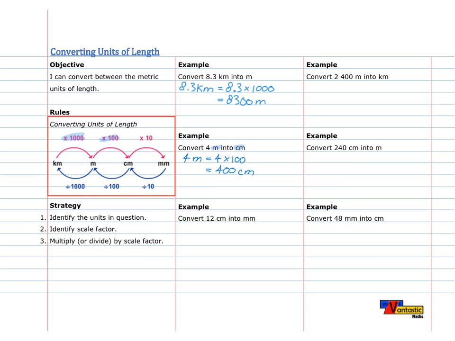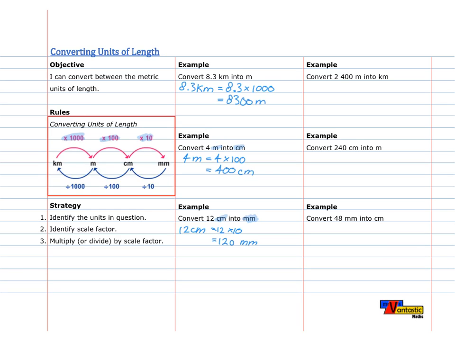And it's the same process all the way through. When we want to convert centimeters into millimeters, we are going to multiply by 10. So 12 centimeters is equal to 12 times 10, which is 120 millimeters.